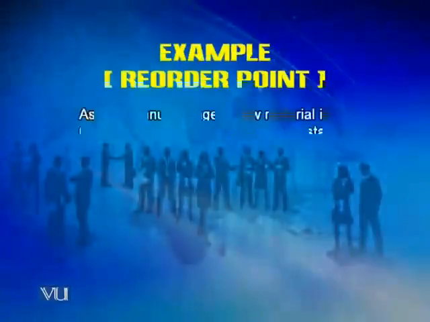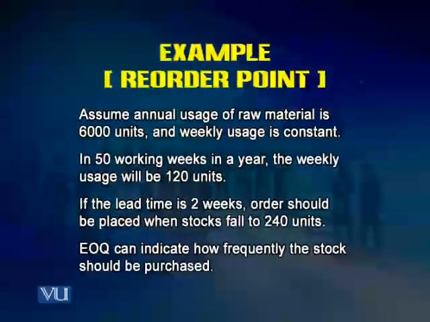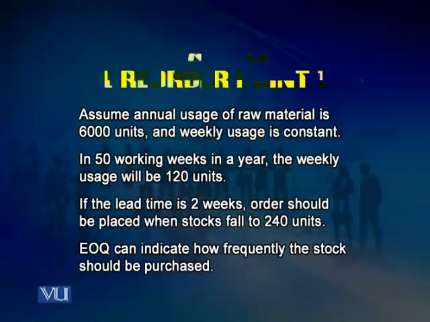So average per week usage is 120. Now, if we are saying that the lead time is 2 weeks, then when should the next order be placed? The next order should be placed when the stocks fall to 240, which is the usage for 2 weeks.